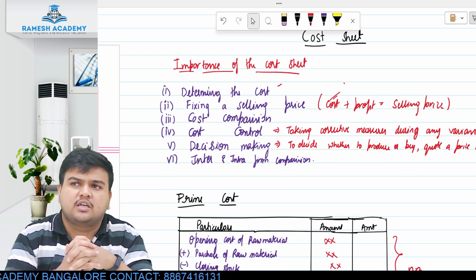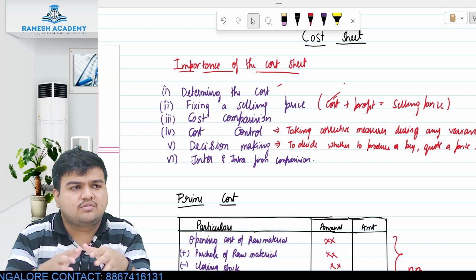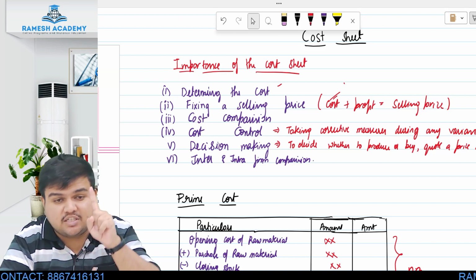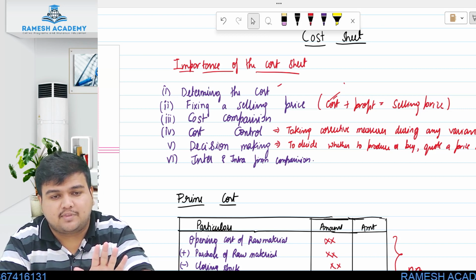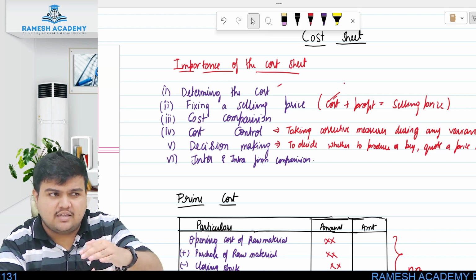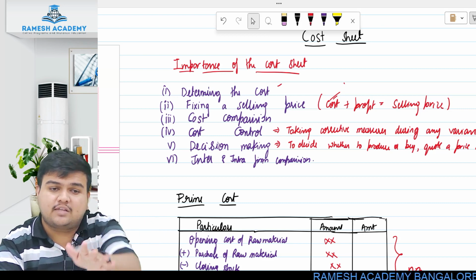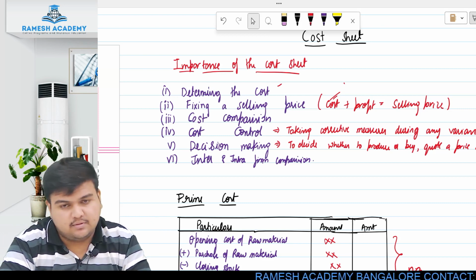You may be implementing various techniques and procedures to reduce the variances, but what is that? That is cost control. They will be waiting for one keyword. I am not saying they will not give marks for that. They will give marks, but if it is 5 marks, they may give 2.5. If you add just one keyword, that could increase to 4.5 marks. So that is very important.